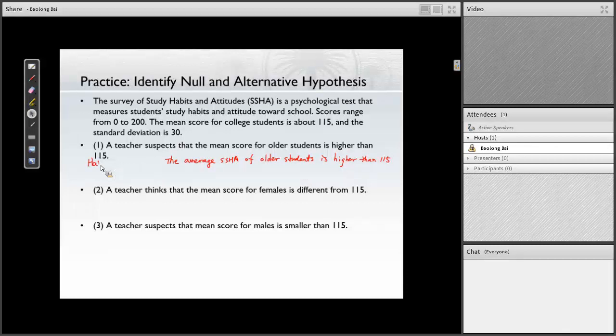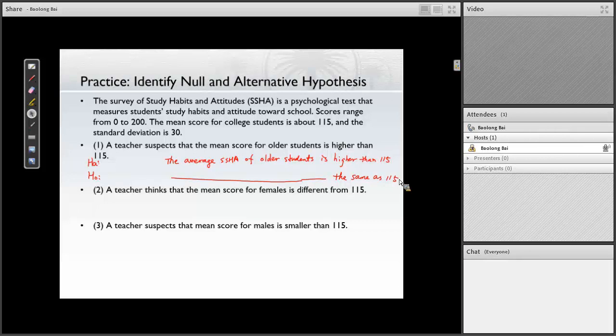And then the null hypothesis will be basically automatic. You're going to say everything the same. Now it will be yes, the same as 115, right? So that will be our null hypothesis.